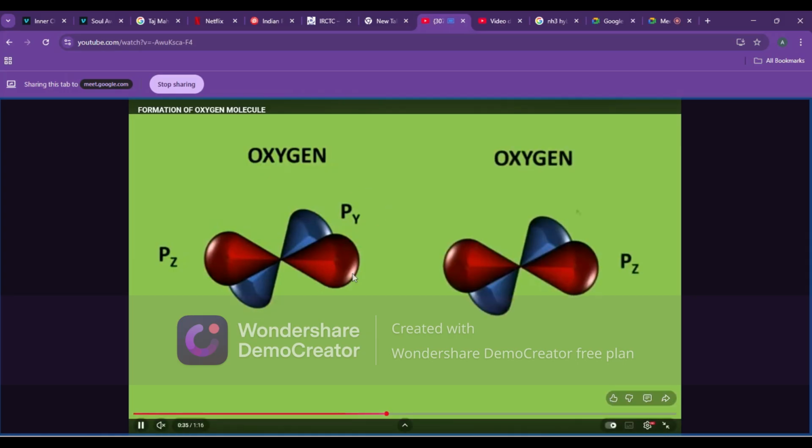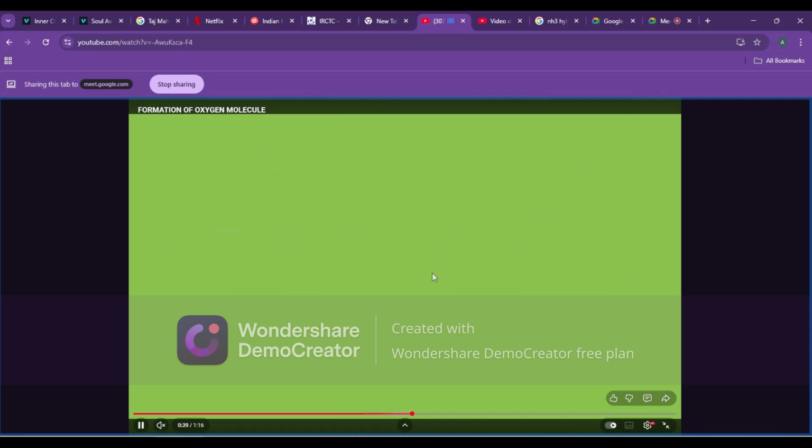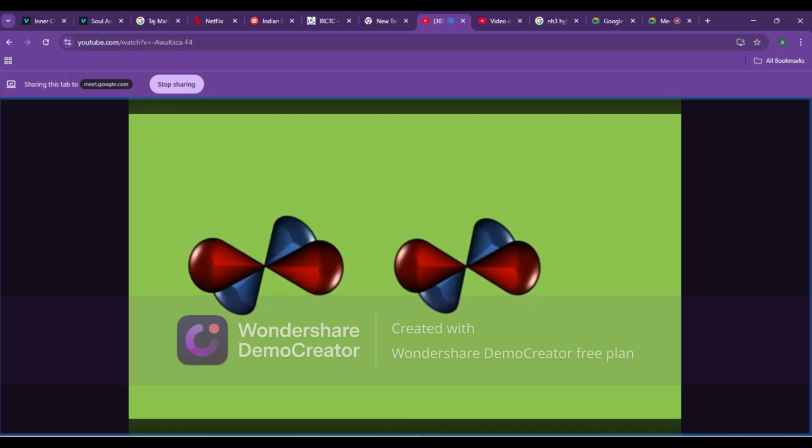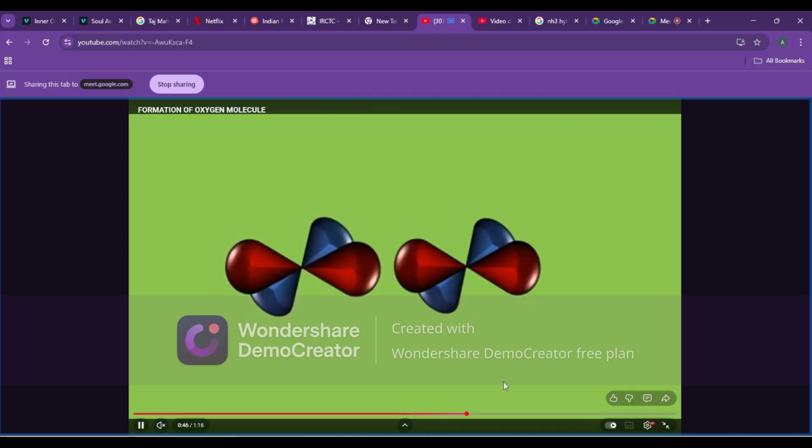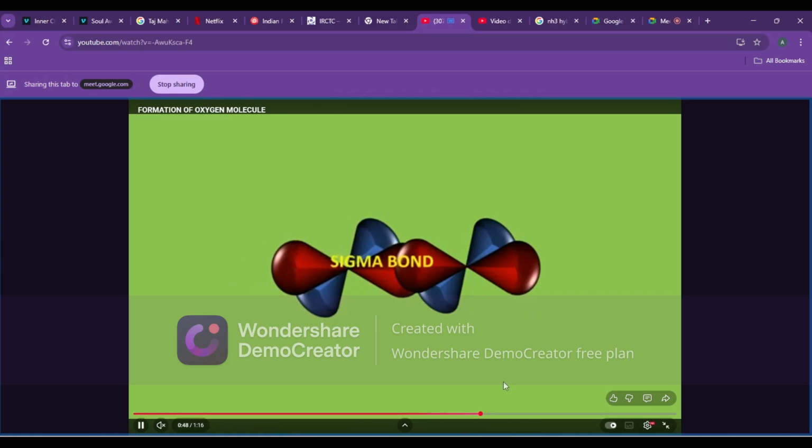Now these red ones are the px, horizontal. So when they come close together, they will directly overlap. So this is called a sigma bond, direct overlapping, each one coming onto each other.